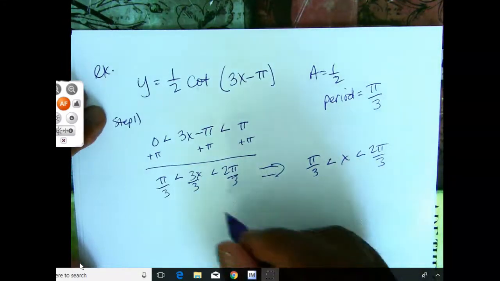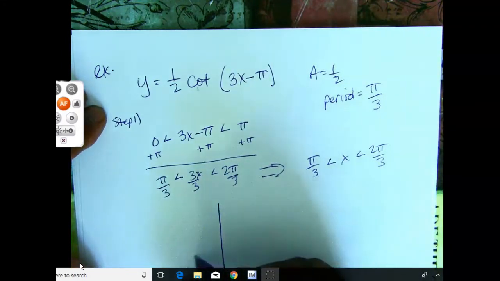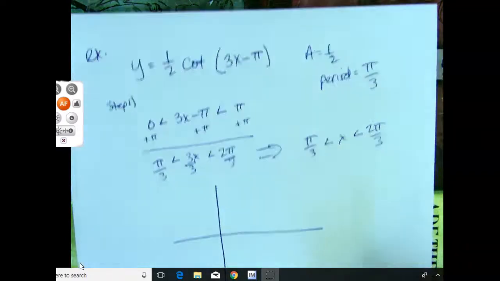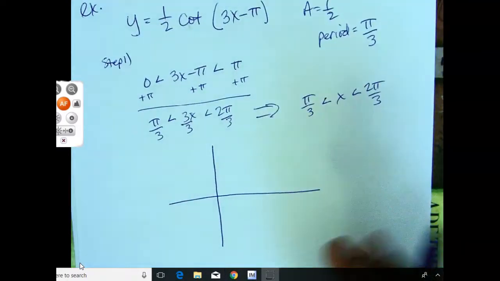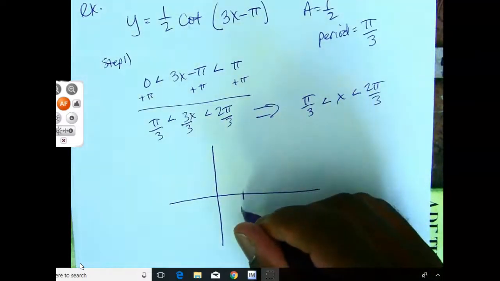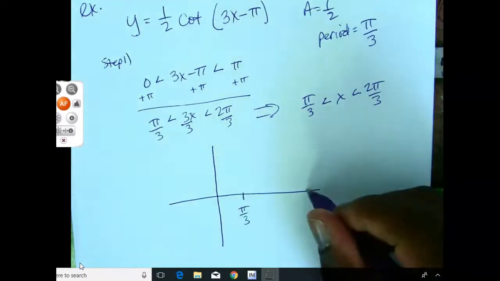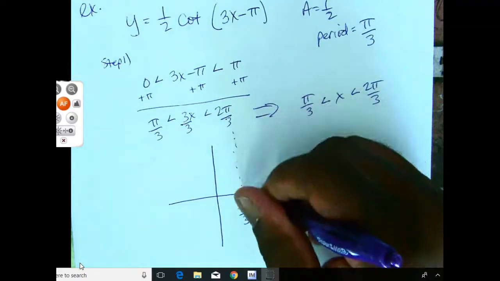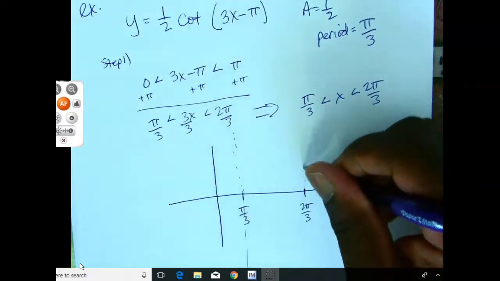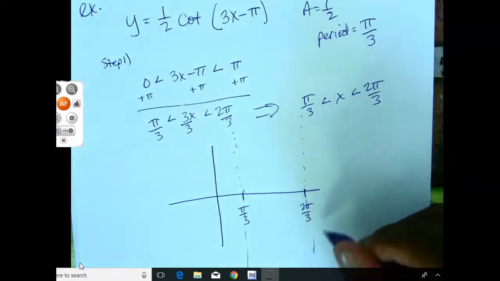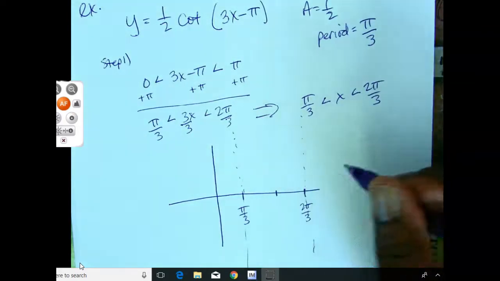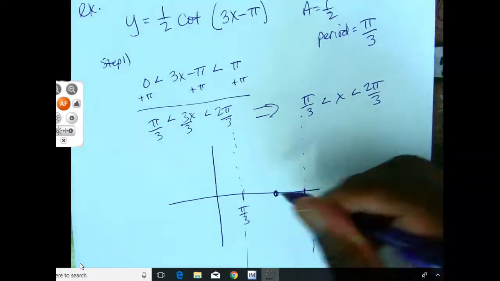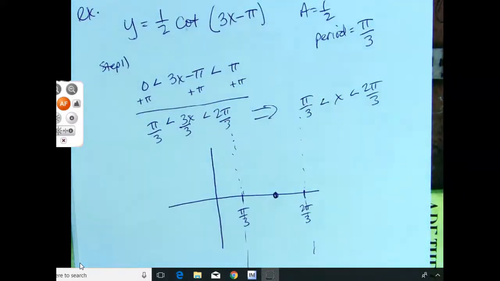So when we go to graph this, okay, so at pi over 3 and 2 pi over 3, we're going to have vertical asymptotes. Okay, now halfway between, we are going to have an x-intercept. But what exactly is that point halfway between?